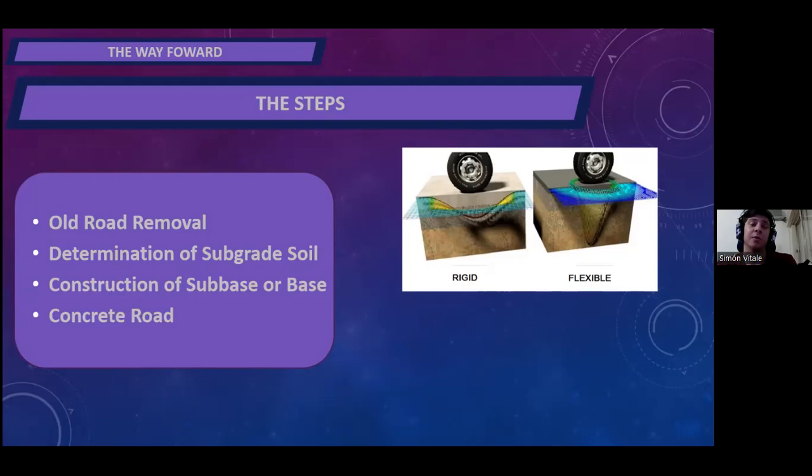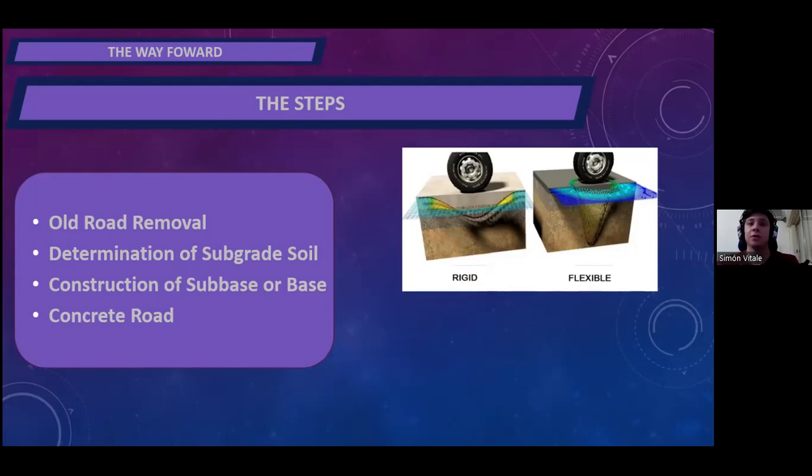When the base is finished, we can apply this rigid pavement. This pavement is prefabricated in rectangular sections and it is connected using union bars.